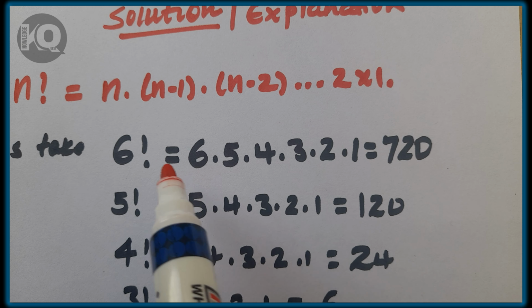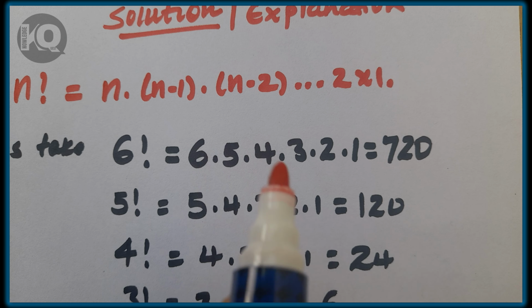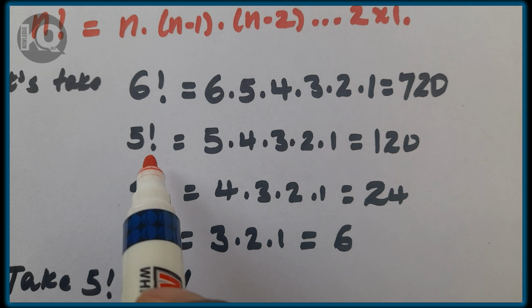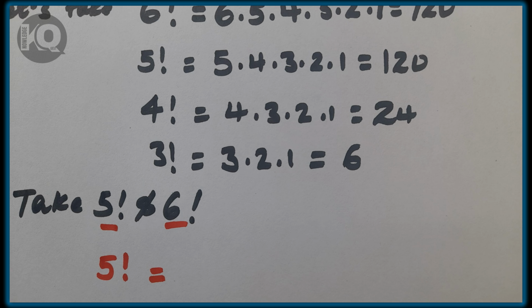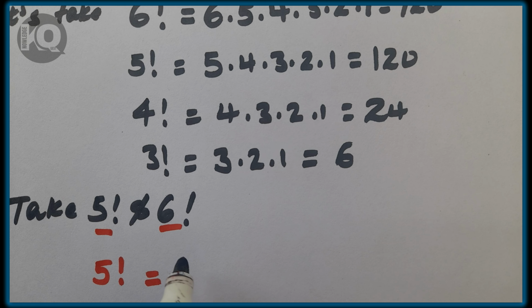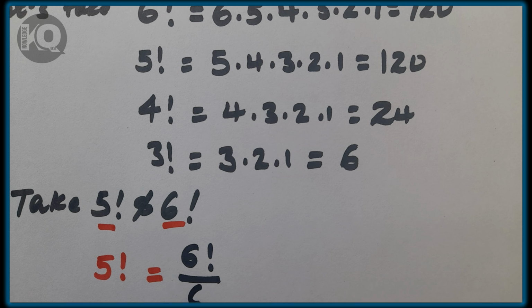So the only difference between them is 6. So 5 factorial can be expressed as 6 factorial divided by 6.